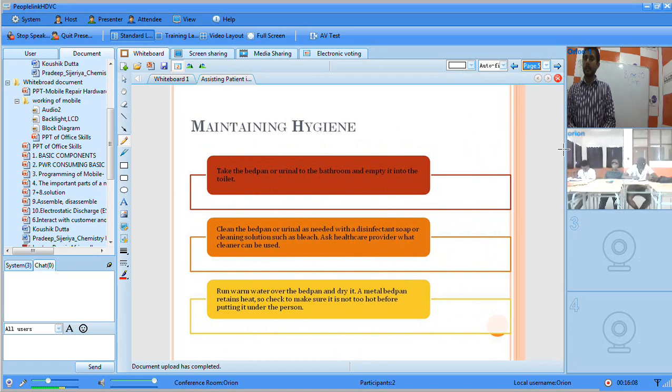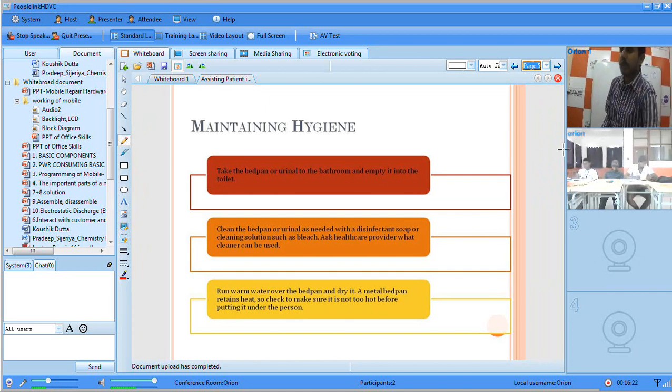Then come to the next point, maintaining hygiene. While working in a hospital, hygiene is a very important issue which is compulsory to maintain within the hospital for all: for the staff, for the GDAs, for the medical staff, non-medical staff, patients and their family members, relatives.